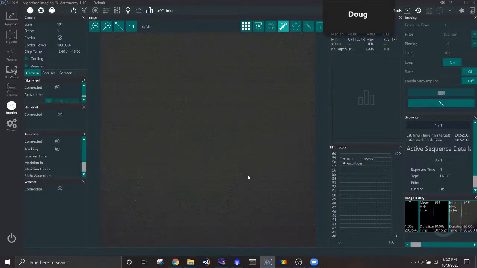I think it's there now. Or I'm seeing things. That's also possible. Well, there's a star right in the center. Oh, I see. Okay.